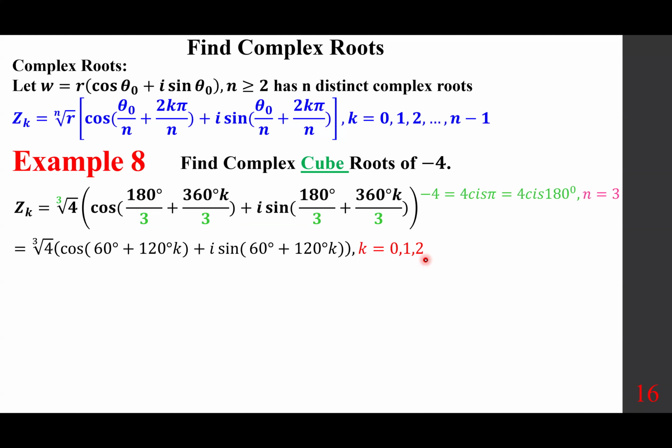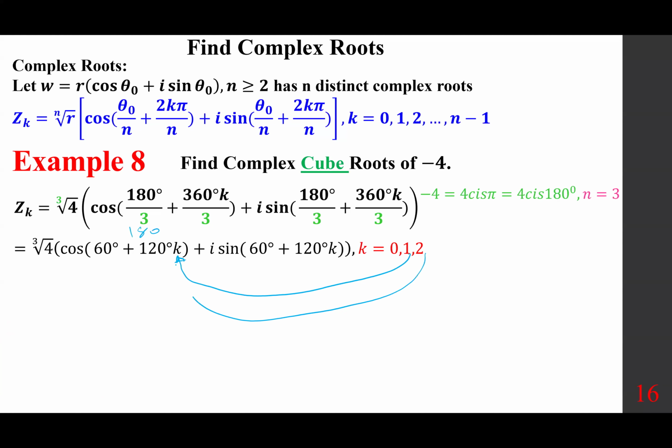All right. So now, if I put k equals 0, I get 60. So cube root of 4, cosine 60, i sine 60. If I put 1, I get 120 and 60, 180.